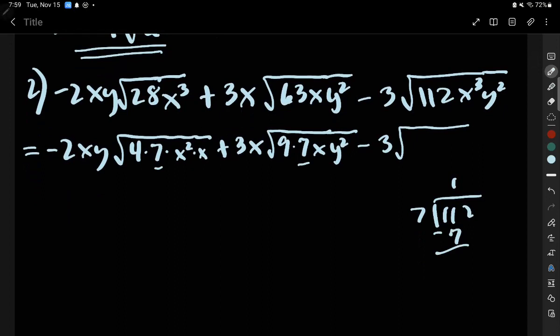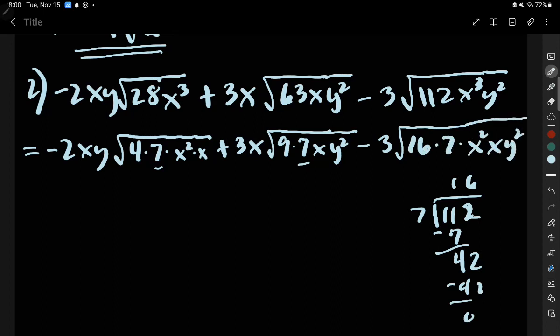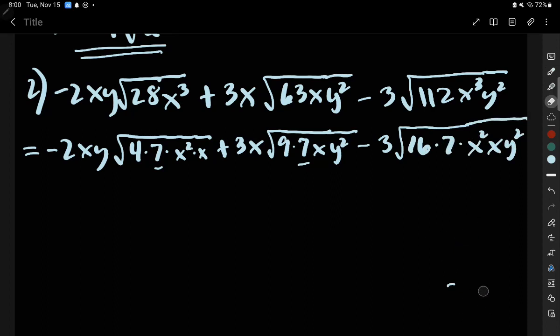So maybe it's divisible by 7. 11 minus 7 is 4. Bring down 2. 42 divided by 7 is 6. All right, so it's true, it's divisible by 7. So that means it's 16 times 7 to get 112. Times the x cubed, we can separate it as x squared and x, and then y squared. Okay, so let's erase this.